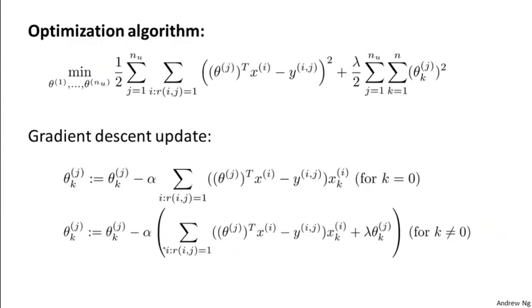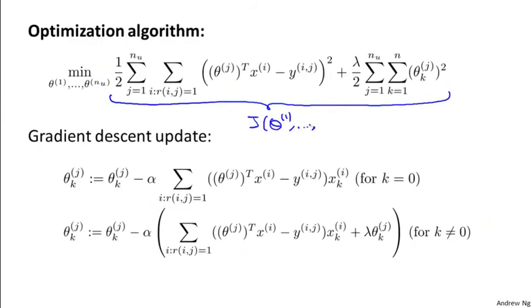So putting everything together, this was our optimization objective on top, and to give this thing a name, I'm just going to call this J of theta 1 through theta nu. J, as usual, is my optimization objective, which I'm trying to minimize. Next, in order to actually do the minimization, if you were to derive the gradient descent updates, these are the equations that you would get.